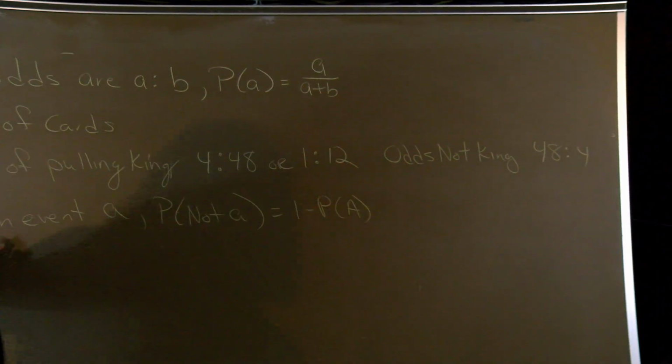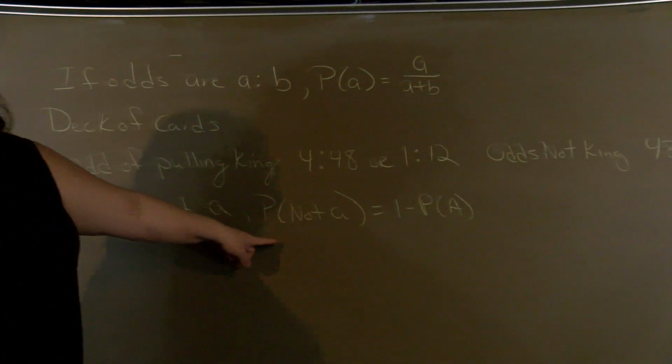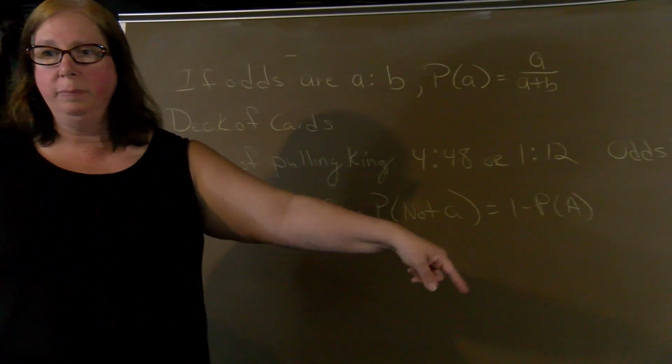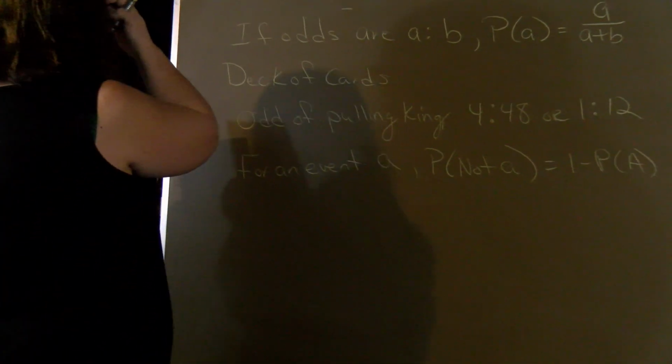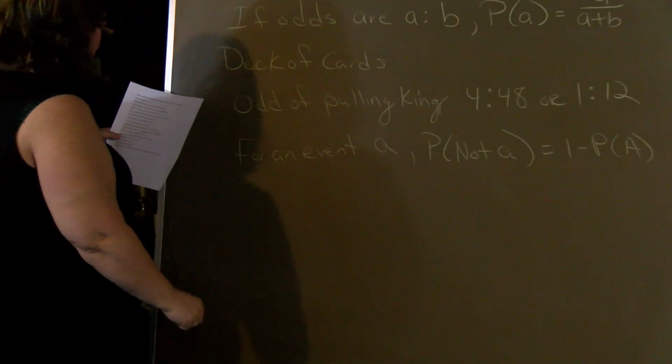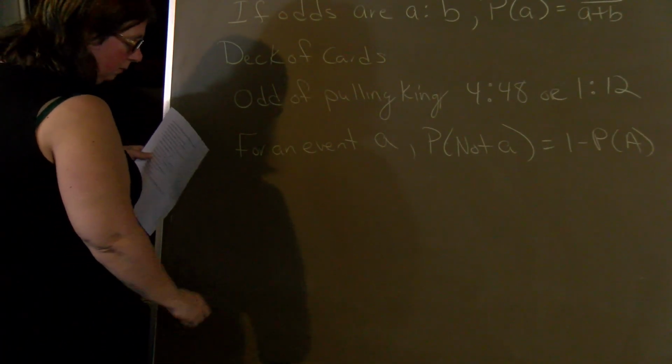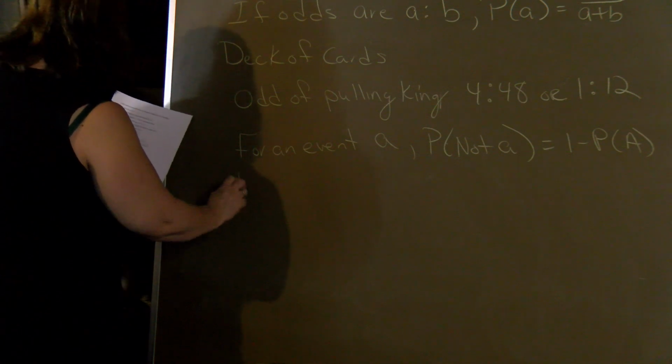But when you're talking about the probability of it not happening, it's 1 minus its probability. So let's look at a few of these. I guess I'll write it down here.